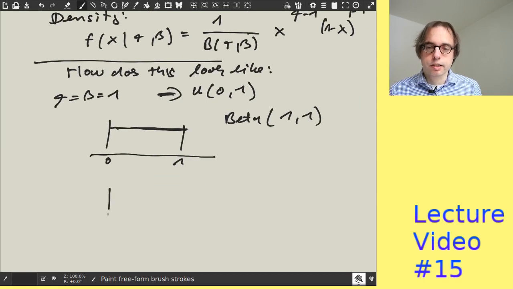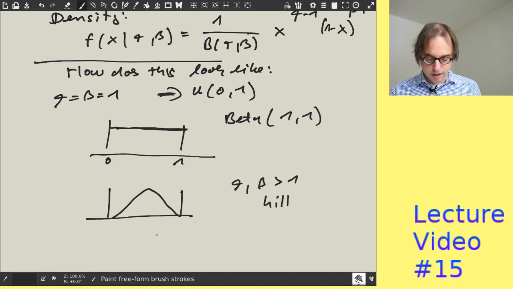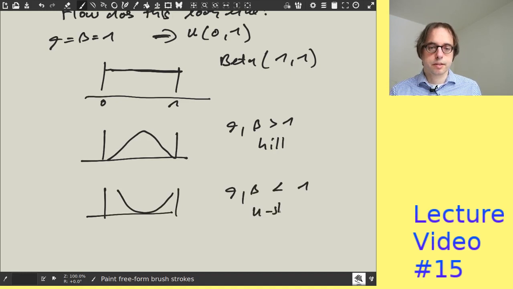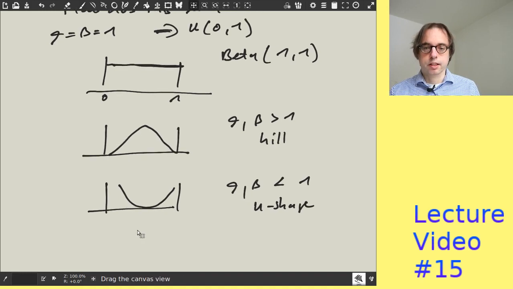It can look like this when alpha and beta are larger than 1, so it has a hill shape. It can look like this when alpha and beta are smaller than 1, so that's a U shape, and it can also look like this.